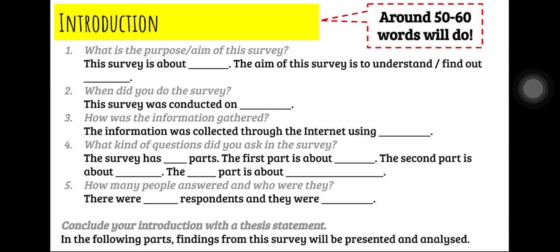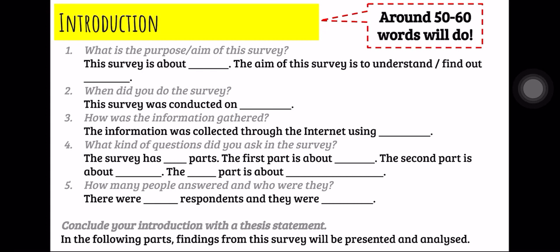What kind of questions did you ask in the survey? The survey has several parts, the first part, the second part, the third part, etc. So you explain the design of the survey. You can also answer how many people answered and who were they. So you answer, there were a certain number of respondents, and they were students, teachers, elderly, teenagers, etc.